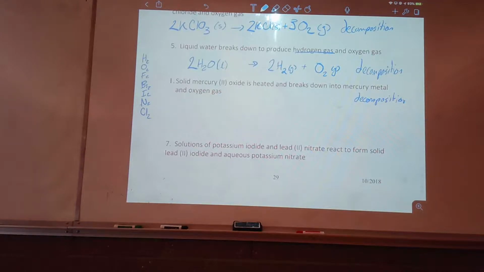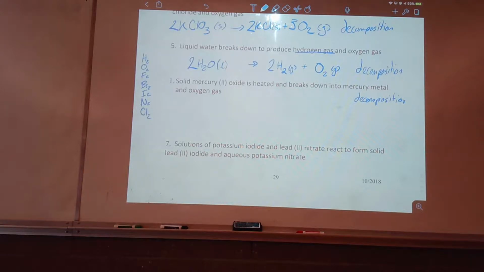This is lead nitrate, right? So how would you bring those two together to form that nitrate?